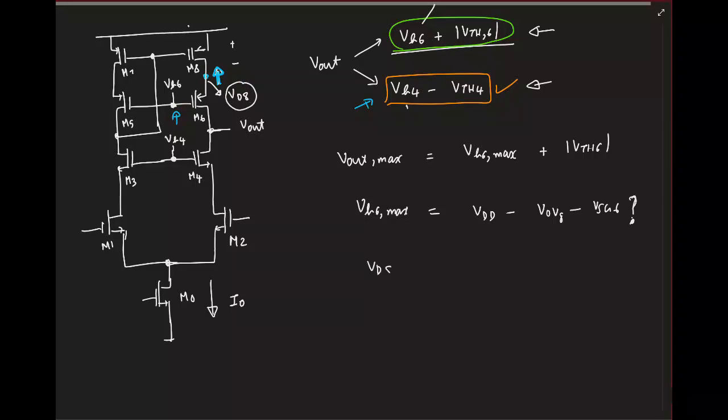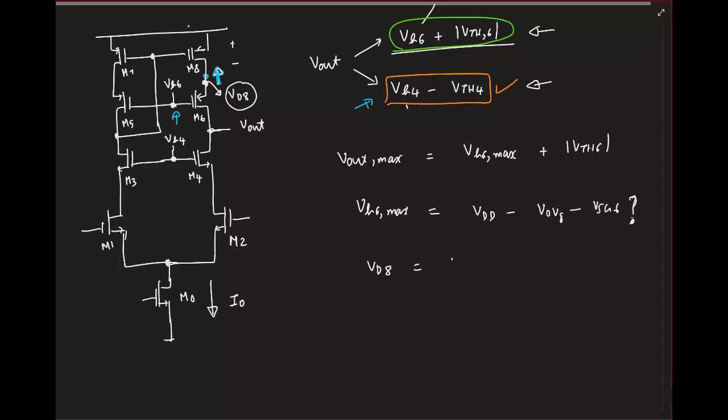Okay, so what is VD8? The drain voltage, I mean the voltage at this node. In this circuit, what fixes the operating point voltage of VD8? What is that operating point voltage?